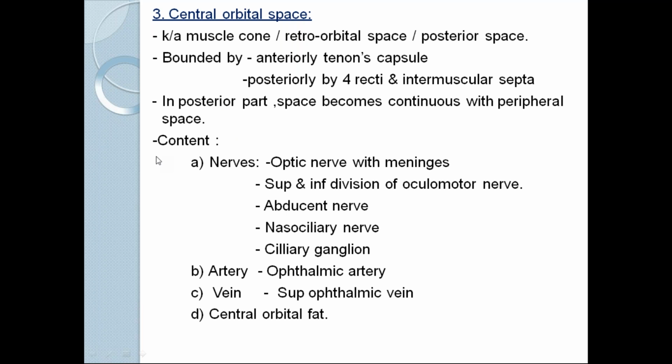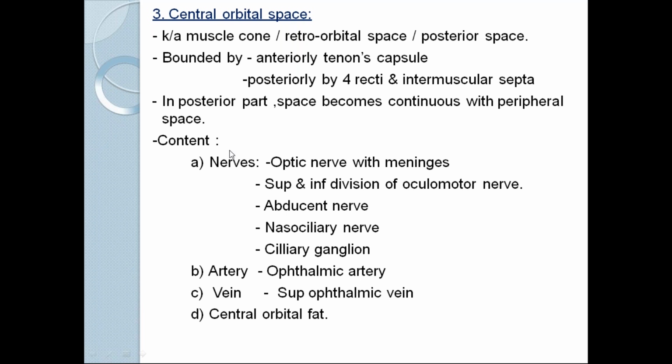Retrobulbar tumors can arise in this space, and if you want to give a retrobulbar injection for anesthesia, you have to inject the anesthetic agent into this space. Since the space is very small, only a small volume of anesthetic agent can be given.